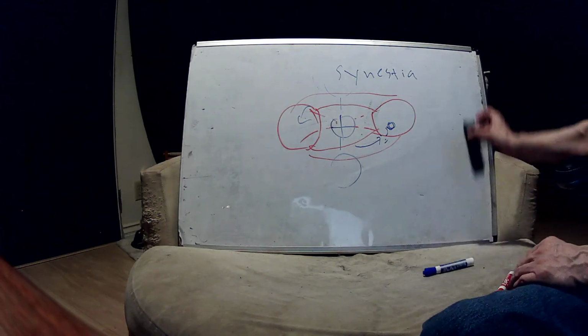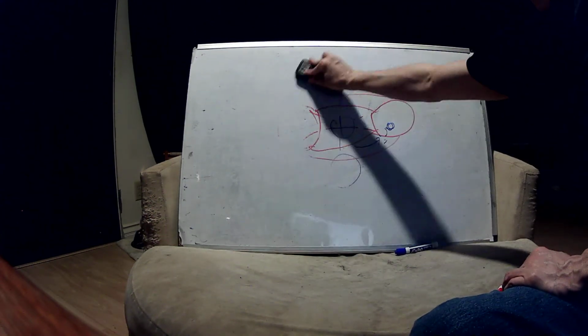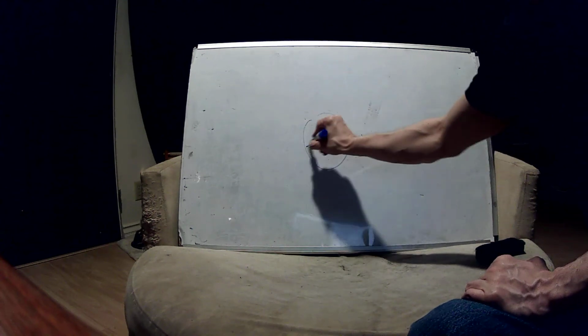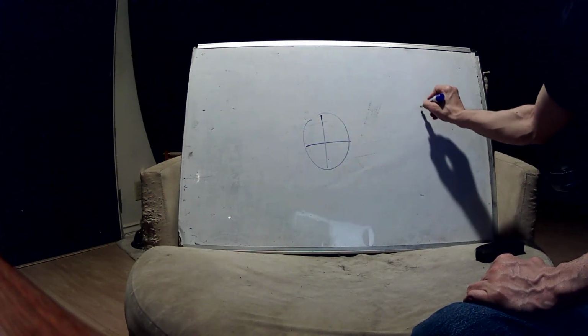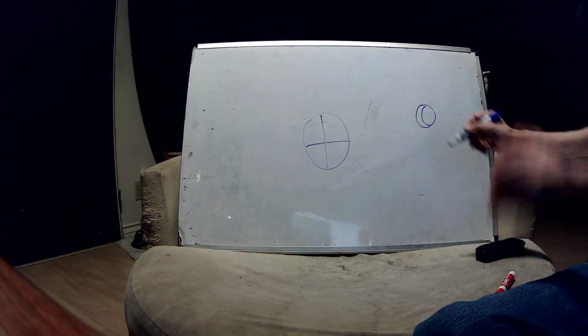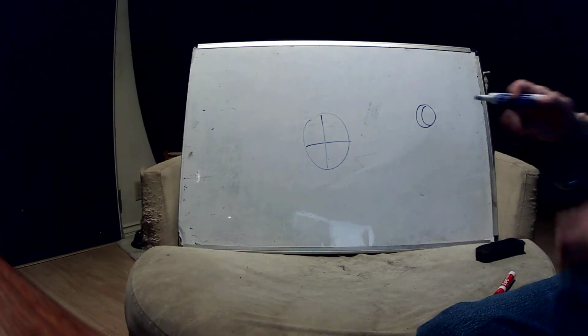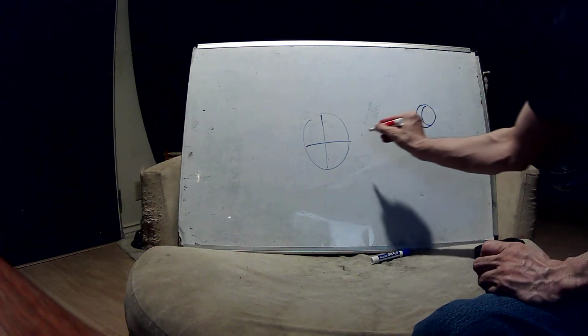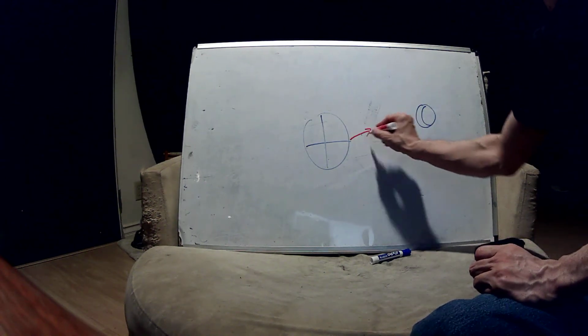Anyway, the moon, because of its close proximity to the Earth, has a very special relationship to how life on Earth goes. So I'm going to draw the Earth here, and I'll draw the moon here. Obviously, there's going to be a gravitational attraction.